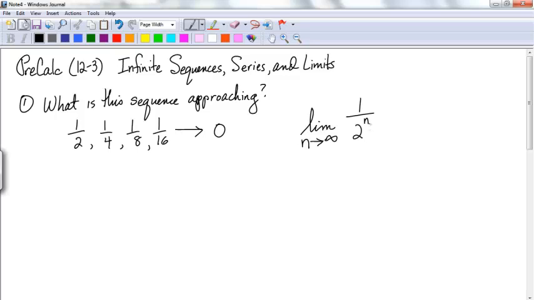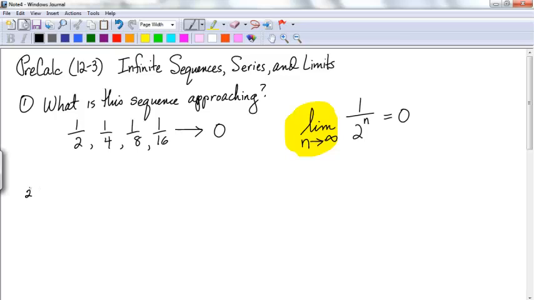If n was 3, you'd have 1/8, 1/16, and so on. But the fraction itself is never going to go to 0. It will approach it as a limit. So the limit is 0. And this is some new notation for you that you'll use in here and you'll use in Calc.